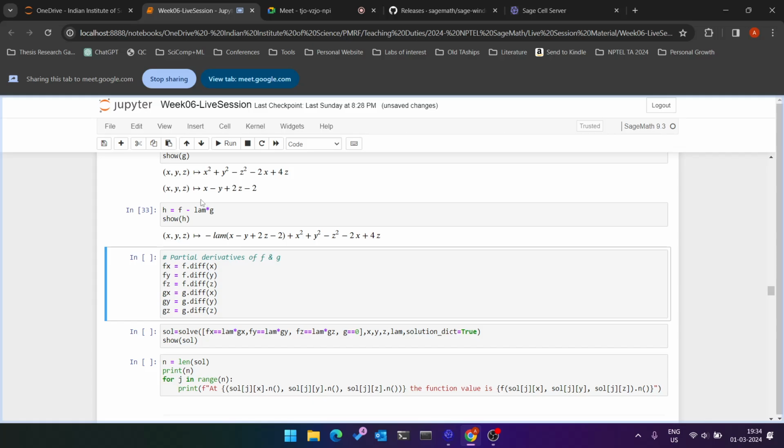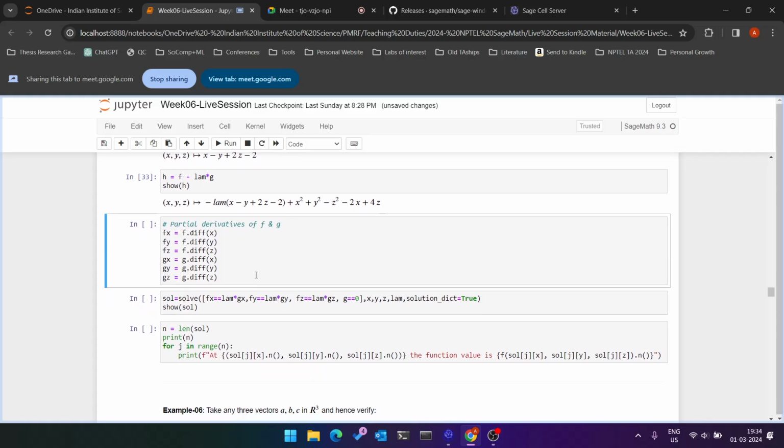So this is the composite function that we are extremizing. To do so, we calculate the partial derivatives of f and g respectively, or we could have directly done for h and set those partial derivatives with respect to x, with respect to y, and with respect to z to 0, as well as providing the condition for the constraint to be 0.